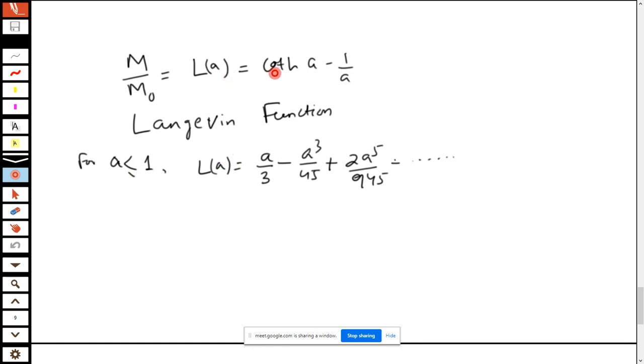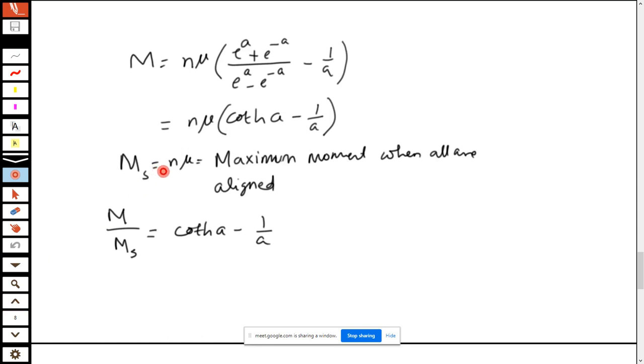So when this is coth a minus 1 by a, and if a is smaller than or equal to 1, it is of this form. So you can expand it in this way. Basically your magnetization M by M0 or Ms. So what is Ms?